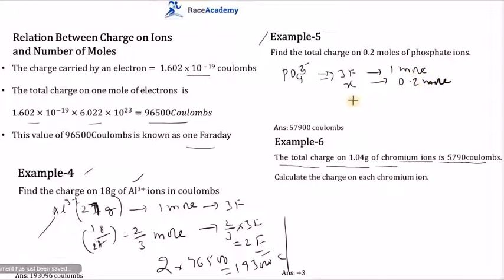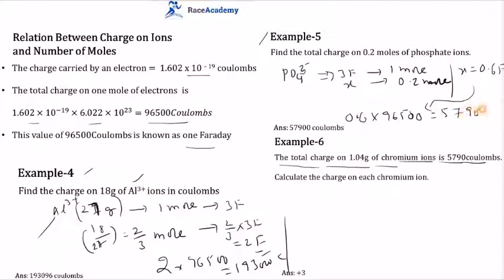That we don't know. So if you find the x value, x is nothing but 0.6 Faradays. So you want to find the coulombs value, then 0.6 into 96,500, you will get 57,900 coulombs as the answer for this problem. So charge carried by 0.2 moles of phosphate ions is 57,900 coulombs.